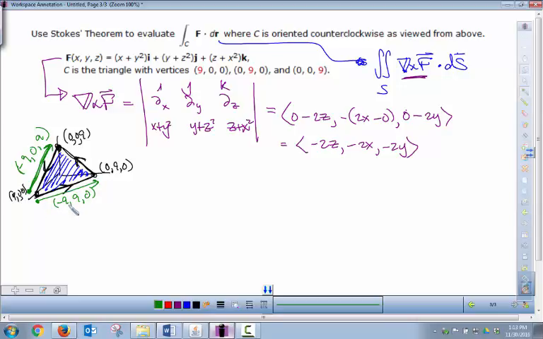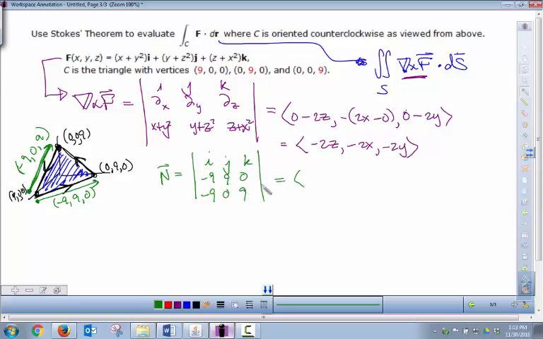I'm going to call this, what should we call it? Let's call it capital N. The first vector we want to cross is negative 9, 9, 0, and then negative 9, 0, 9.